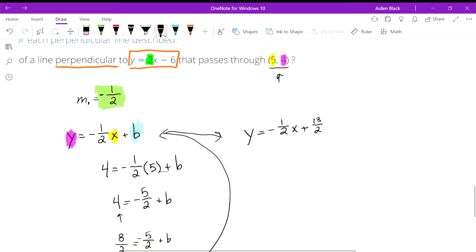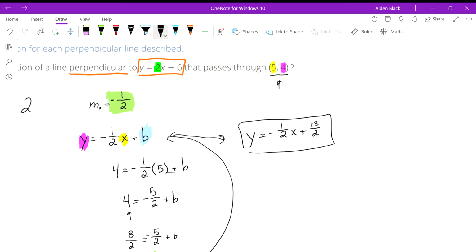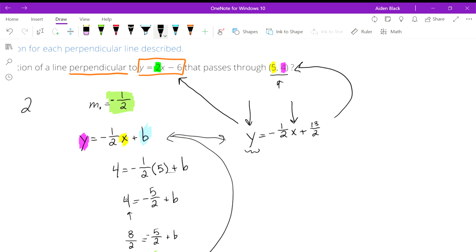So this equation right here is the equation of the line that's perpendicular to y equals 2x minus 6, and it passes through this point right here, 5, 4. Because when you plug in 5 for your x and you plug in 4 for your y, both sides of this equation, this side and this side, are equal, so it's true.